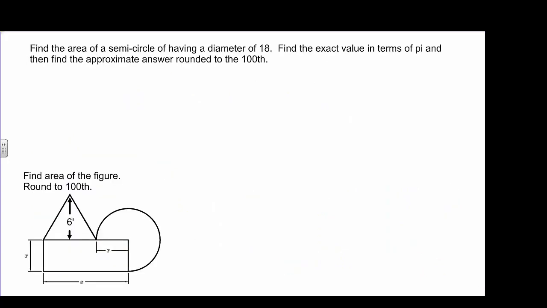Let's move on. I'm going to find the area of a semicircle having a diameter of 18. So this is a little similar to our last problem. Here's a semicircle. I'm going to take half the area of a circle. I know that the diameter is 18, so if I know the diameter is 18, that radius is 9. So we're going to take 1/2 of pi times the radius squared, which is 9.